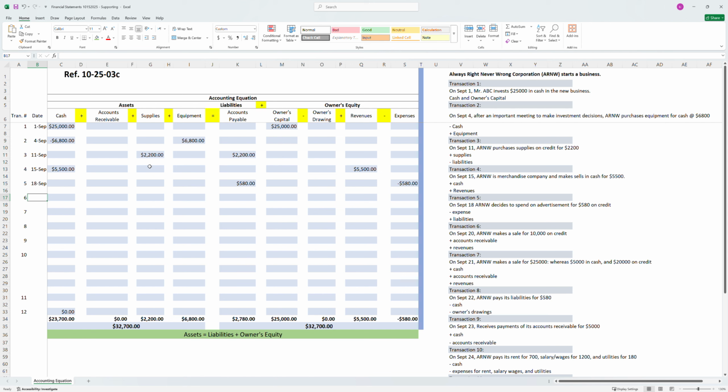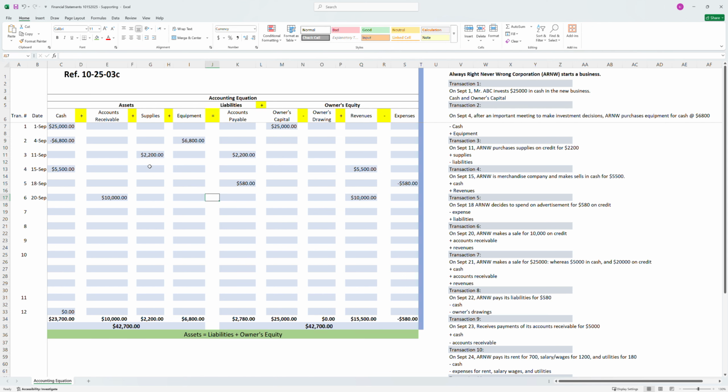So transaction number 6, it's September 20th. So the company makes sales for $10,000 on credit. So that means we are making sales that whoever owes us money, we put it on accounts receivable. So it's for $10,000. So it goes under sales on the credit side.